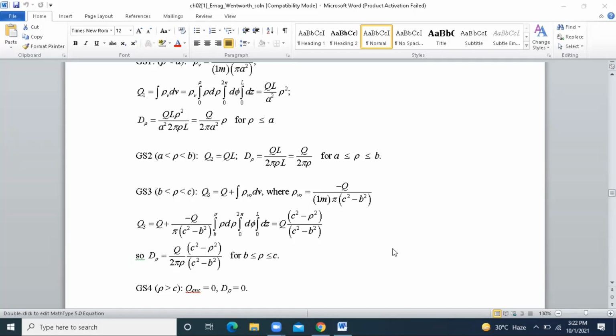And GS4 now is outside the two conductors.